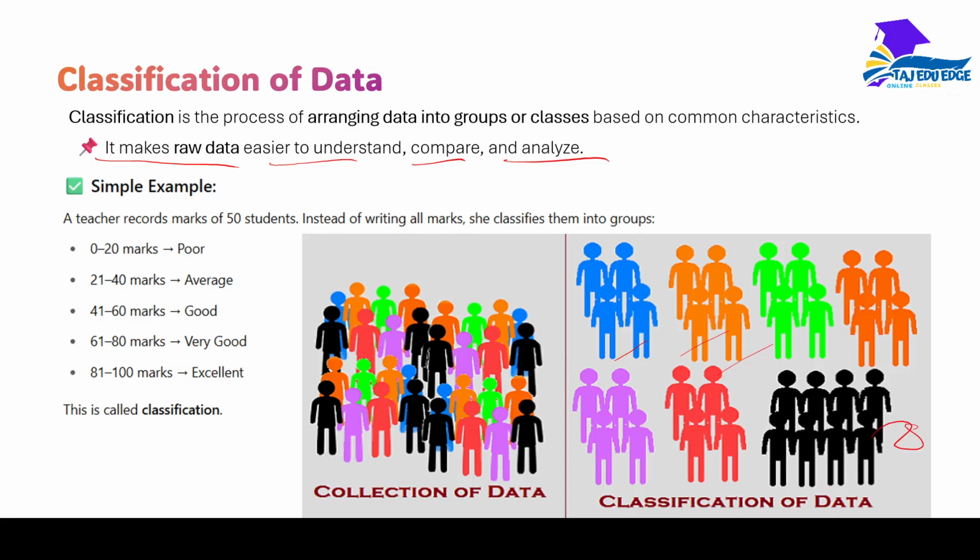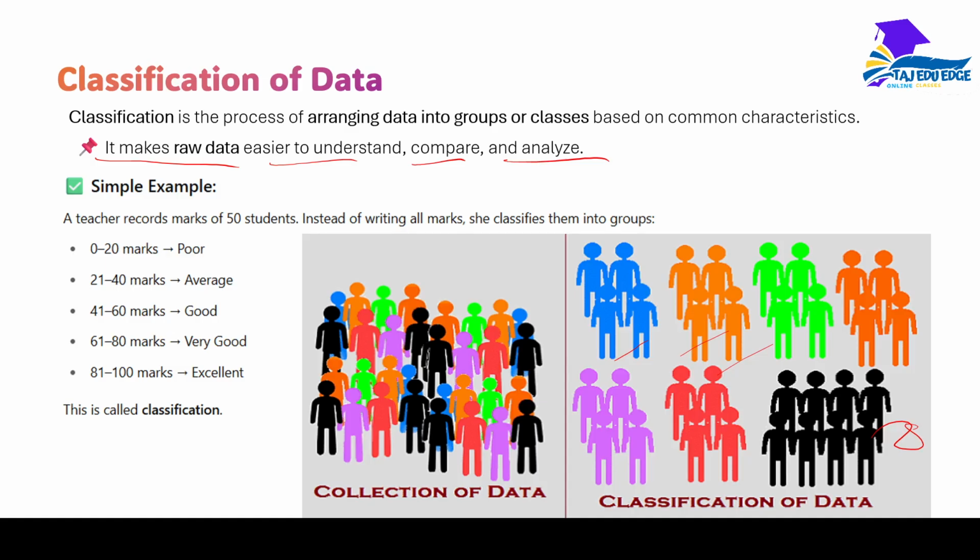Then based on that we can compare and see how we should teach statistics, how we should teach economics, how we can teach accountancy, which subject must be focused more for your class, right? So that is how classification of data helps us understand, compare and analyze.